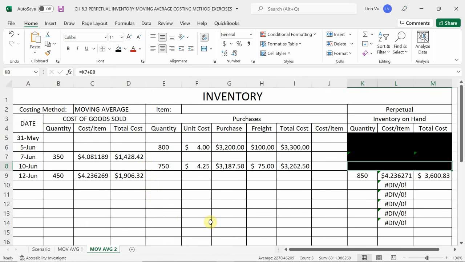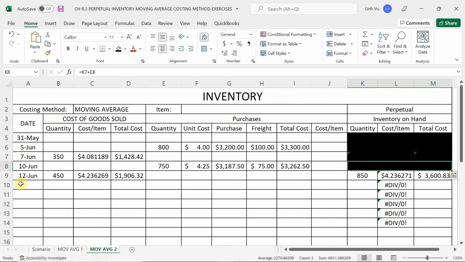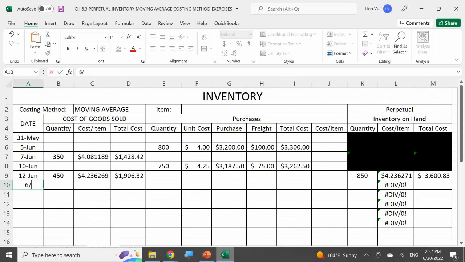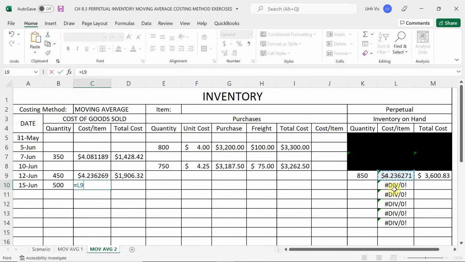Okay. So then let's see what else happened next. June 15, you end up selling an additional 500 units this time. June 15, 500 units, average cost. So now, right, we just said that it was the 4.236271. Okay.